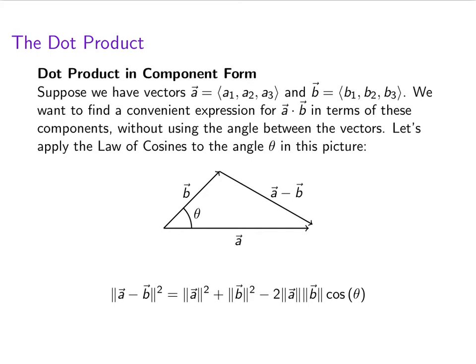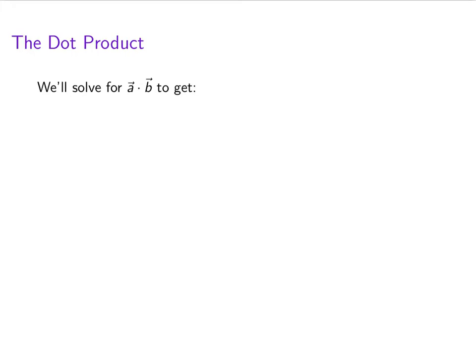Now what we should do is recognize that this expression, length of A, length of B, cosine theta, that's just A dot B. So now we have that the length of A minus B squared is equal to the length of A squared plus the length of B squared minus 2A dot B. Let's solve for A dot B in this equation, and this is what we'll get.